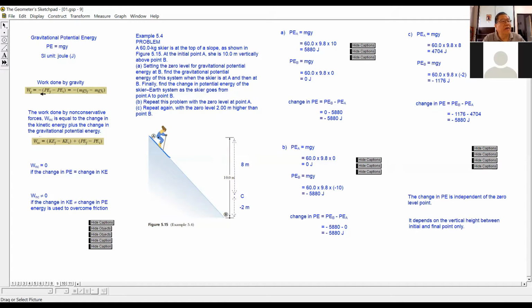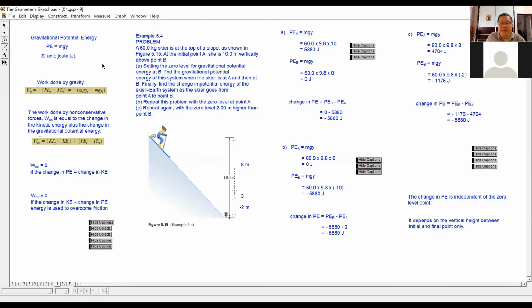Now, the work done by gravity is the difference in the gravitational energy. It is the final potential energy minus the initial potential energy. Because this energy is released, it's not the energy that you put inside, that's why there's a negative sign in front. It is actually a negative work done.